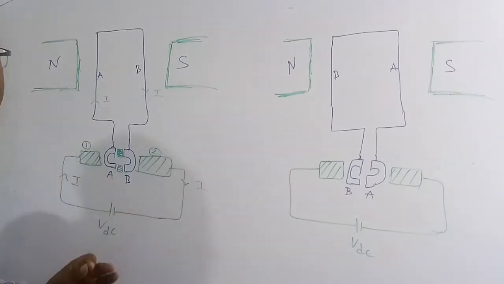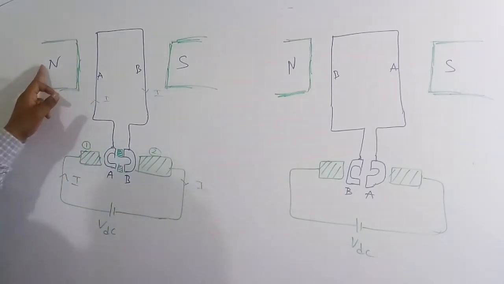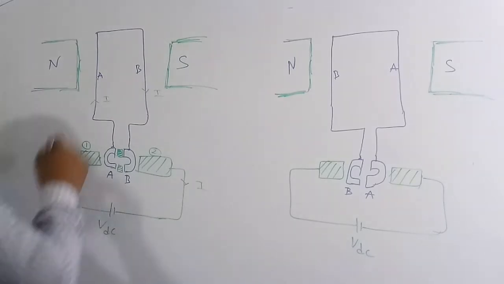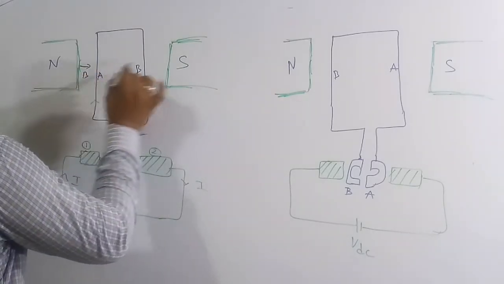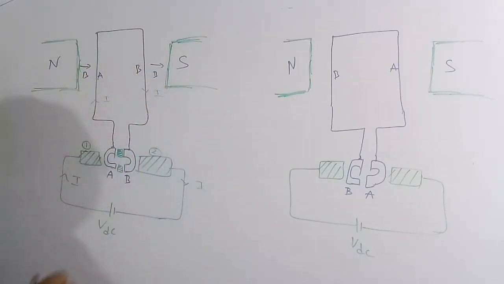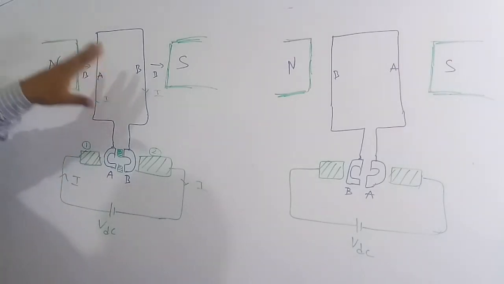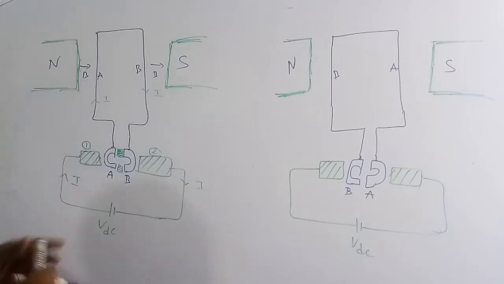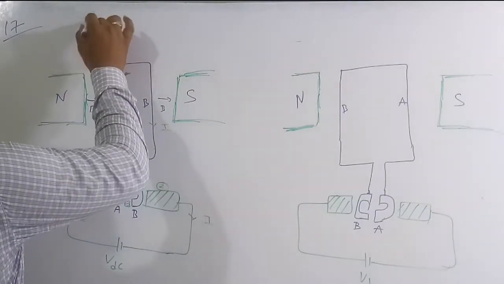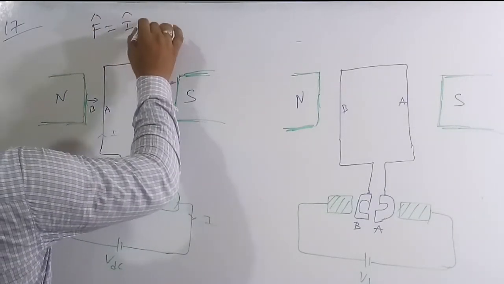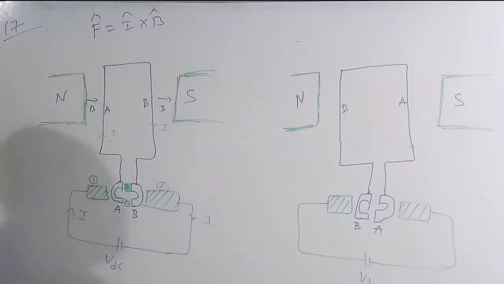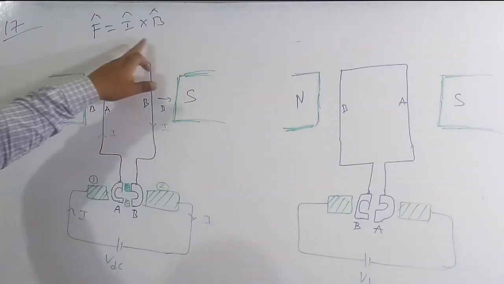If you see carefully, the magnetic field always goes from north pole to south pole. This is the magnetic field direction. I want to know what force is present on this wire in this motor. The force direction F is equal to I cross B, the cross product of the current and the magnetic field.